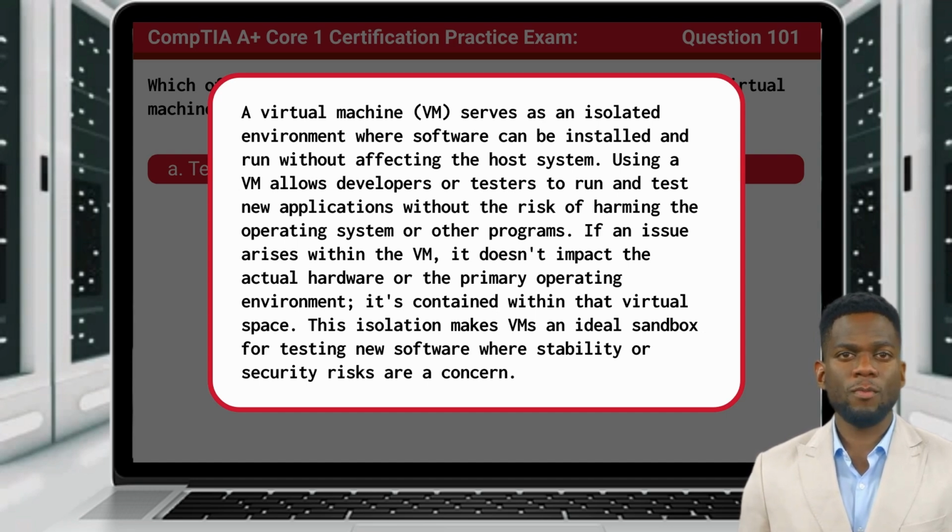Using a VM allows developers or testers to run and test new applications without the risk of harming the operating system or other programs. If an issue arises within the VM, it doesn't impact the actual hardware or the primary operating environment. It's contained within that virtual space. This isolation makes VM an ideal sandbox for testing new software where stability or security risks are concerned.